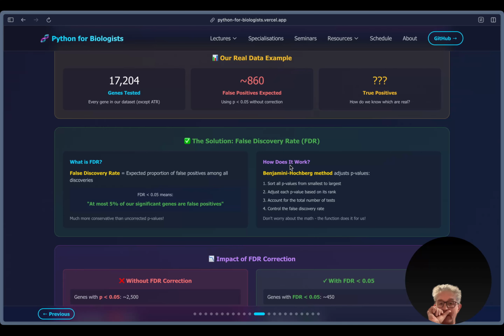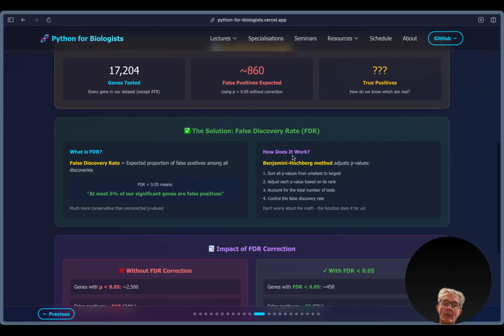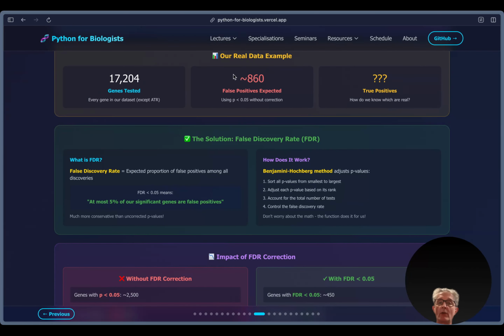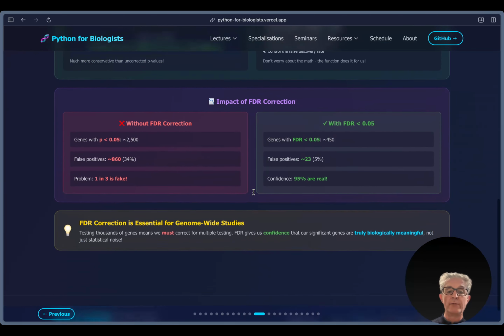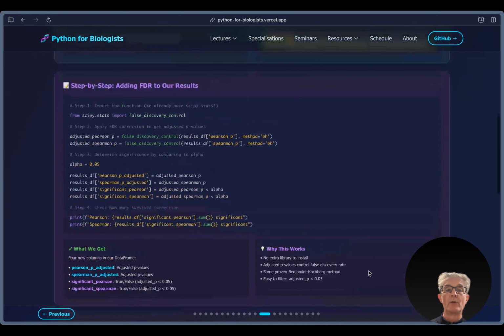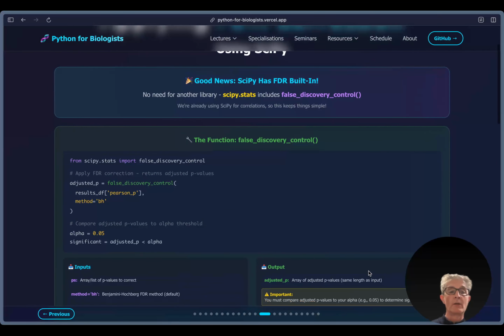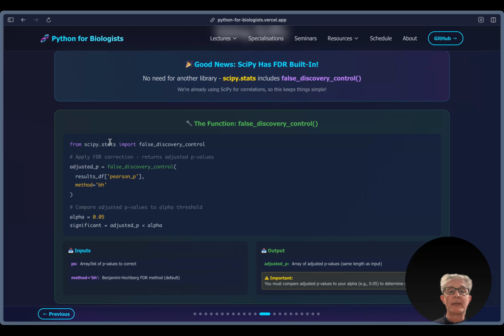But again, there's a nice SciPy function that we can call to calculate that, and that will correct the p-values and shrink our data. But the data that we get out will be of much higher confidence. So let's have a look at how this works in code. From scipy.stats we import false_discovery_control. This function takes two arguments, which is our Pearson p-values, and we can also supply the Spearman p-values here, and the method.